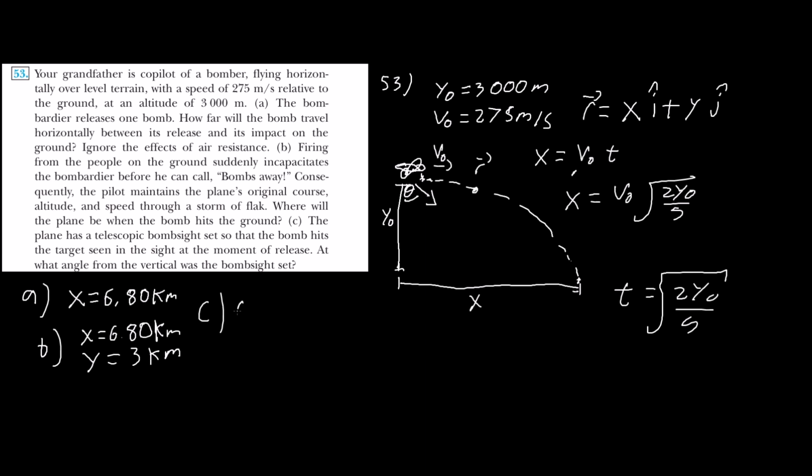That angle is going to be tan of theta, which is just x over y naught. To get that angle from the vertical, did I store everything? Yeah, I did. So x divided by y would be 66.2 degrees.